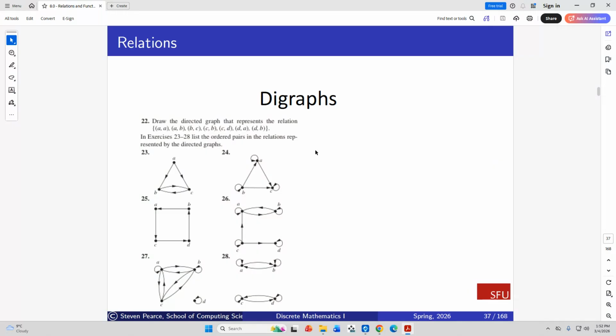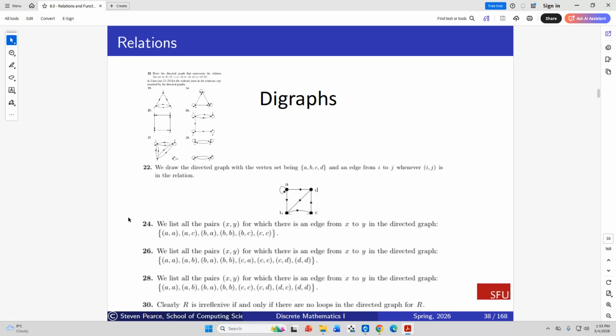What about the rest of these? If you were in class, I'd have you do these on your own. These list the ordered pairs in the relationship. Here clearly it's AC, CB, BC, and AB. Come on, these are obvious. This one is AA, BB, CC, AC, BA, and BC. So this is reflexive and it is transitive, for sure.